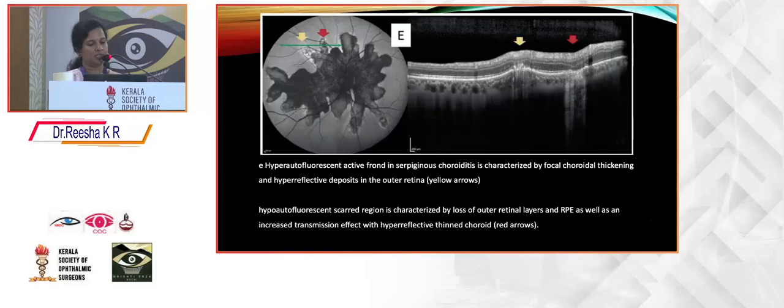Again, in serpiginous choroiditis, active lesion shows a focal choroidal thickening with hyperreflective deposits in the outer retina, and as the lesion heals, it becomes hypofluorescent on FFA and autofluorescence, and it causes thinning and loss of RPE, shows us hyperreflective thin choroid.